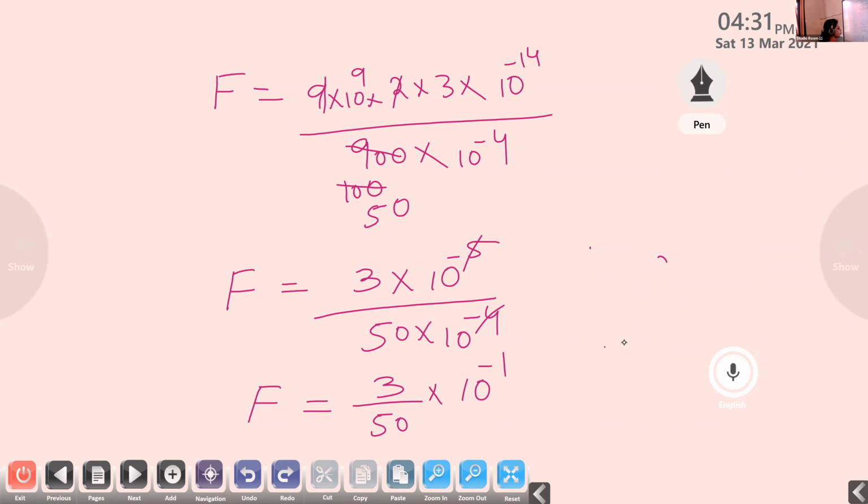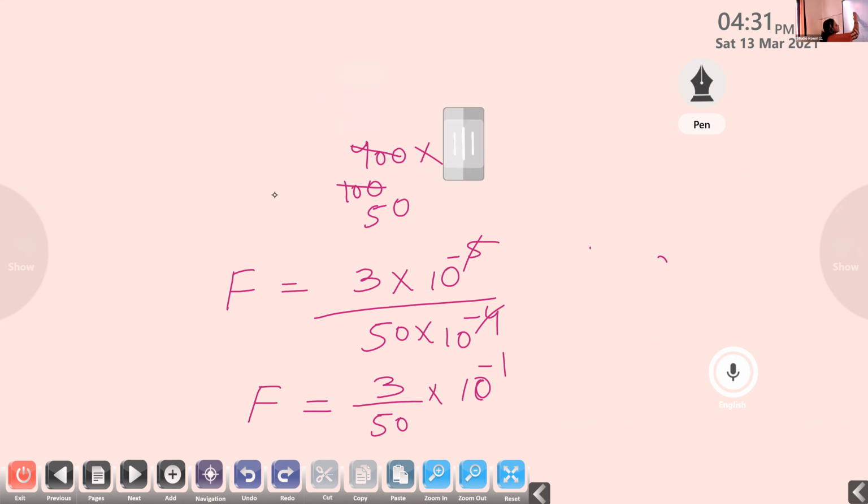So this becomes equal to 3 into 1 by 50 into 10 raised to minus 1. I will write it here: 3 by 50 into 10 raised to minus 1.